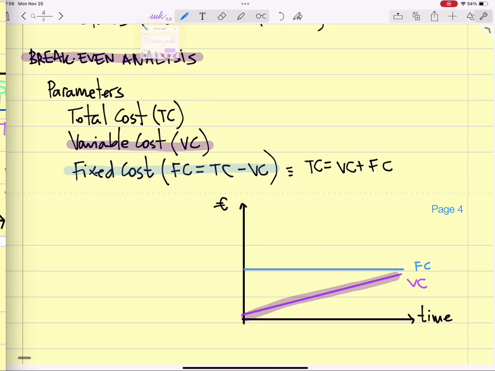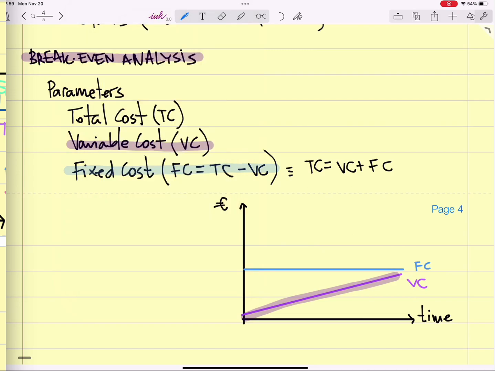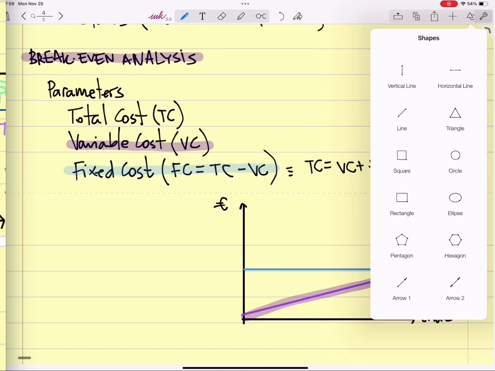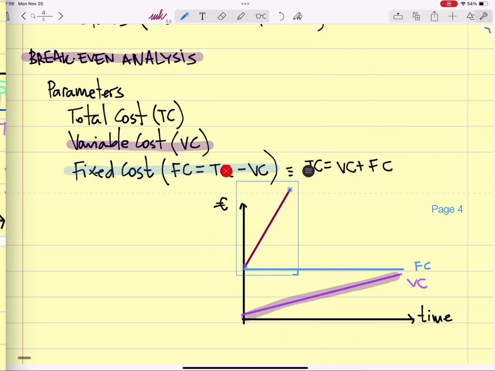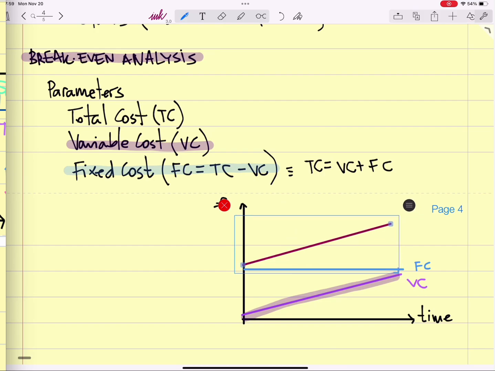And then we have the total cost, which is the sum of them. Better than time. I mean, this could be time if demand is constant. Let's put here, this is number of parts sold, units. It's kind of better. So we have that.